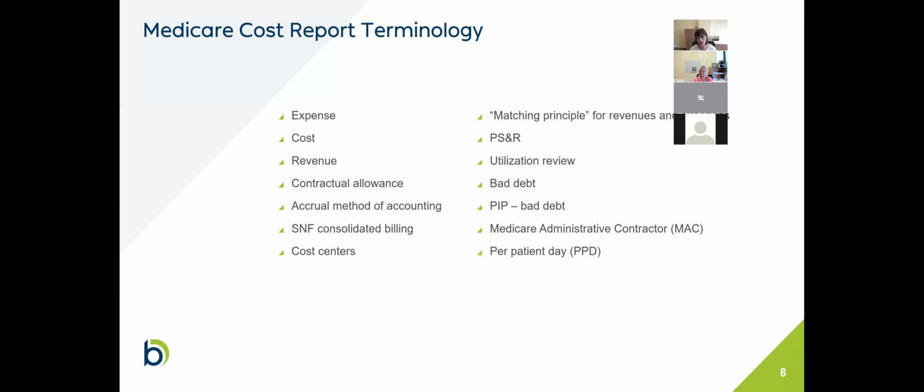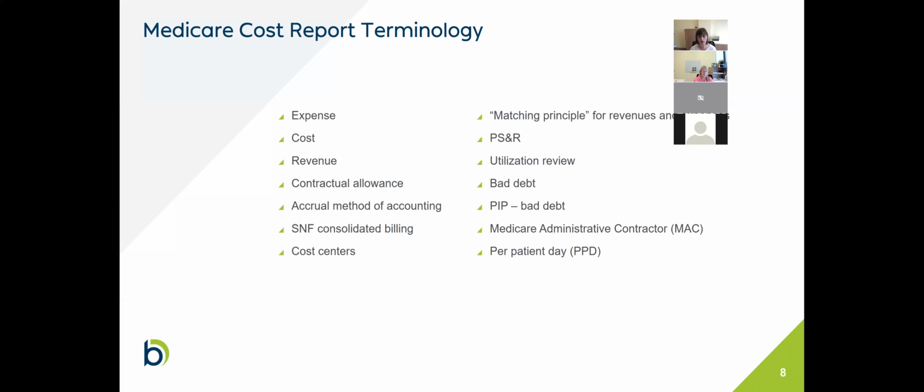Matching principle of revenue and expenses is pretty much standard requirement for Medicare cost report. So Medicare is expecting that when we report expenses, that revenues for that same period is also there, but not only the period. We also look at the level of cost center.